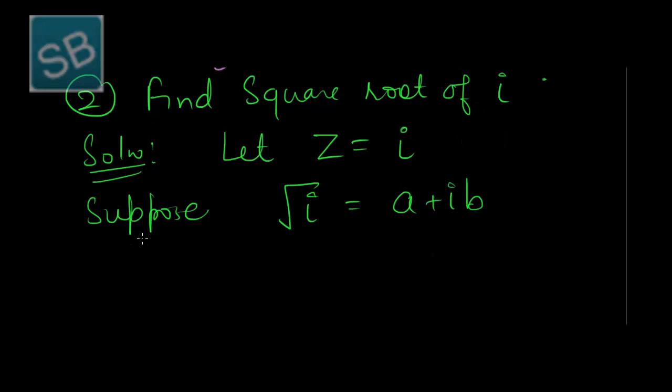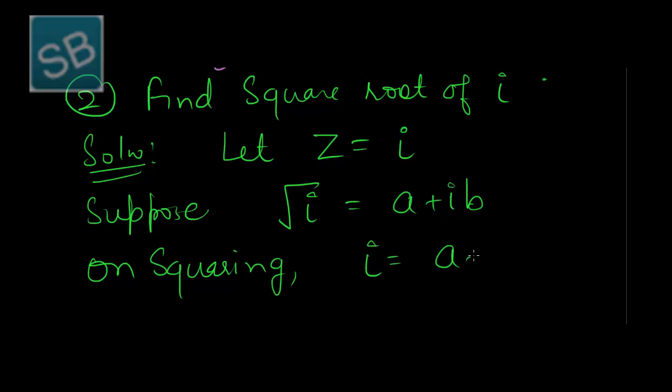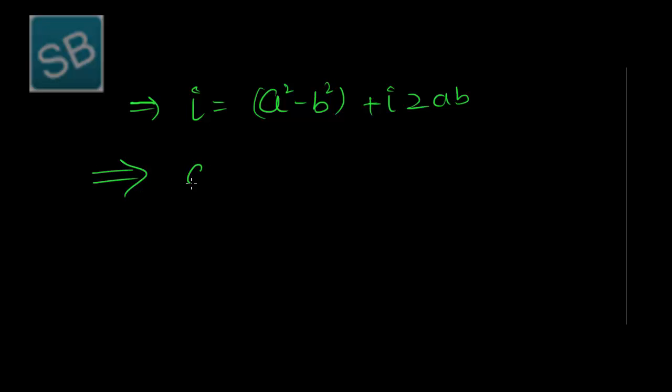So on squaring, iota is equal to a plus iota b whole square, that is iota is equal to a square minus b square plus iota 2ab. Now on comparing real and imaginary parts, we get a square minus b square is equal to 0 and 2ab is equal to 1.